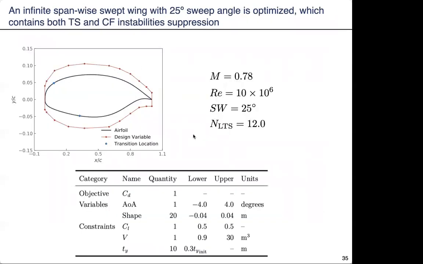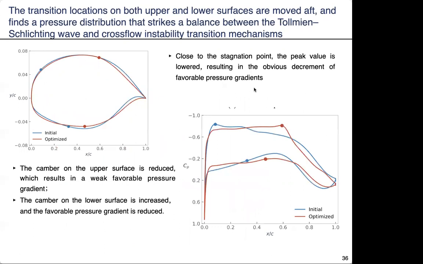After the airfoil optimization, we go to the quasi three-dimensional optimization, which is an infinite spanwise swept wing. And the sweep angle is 25 degrees. For the optimized results, we can see close to the stagnation point, the suction peak is lowered.